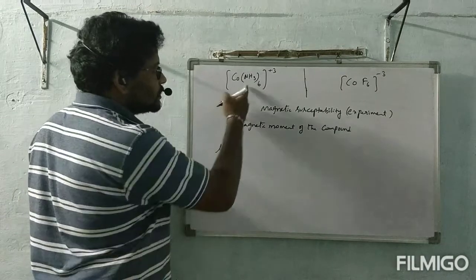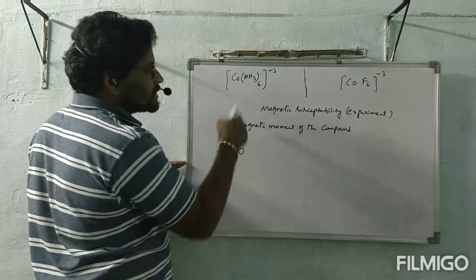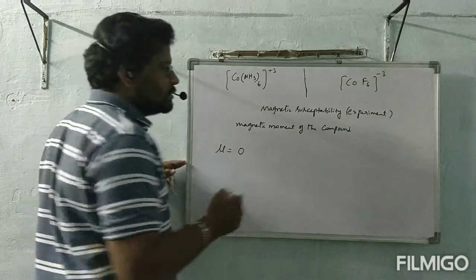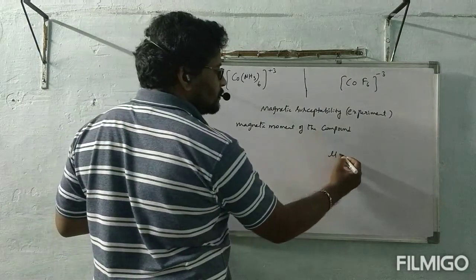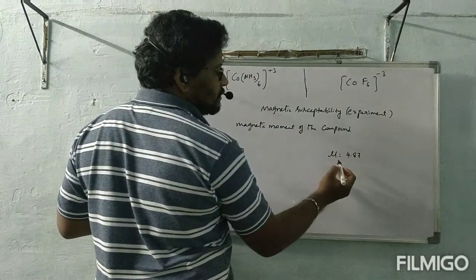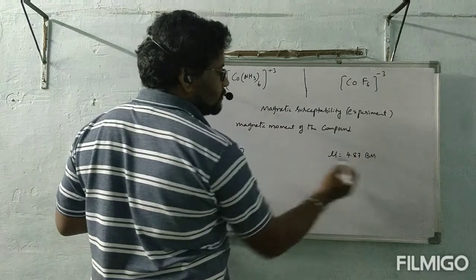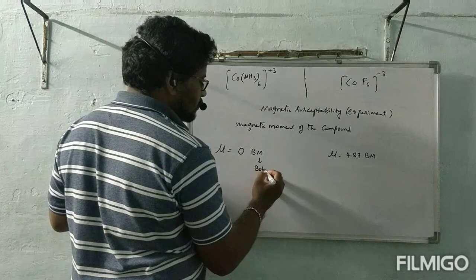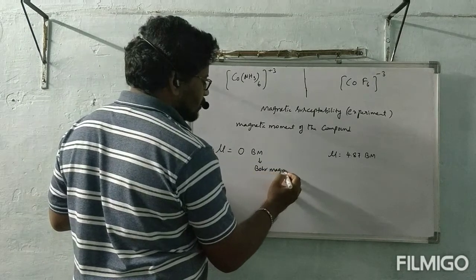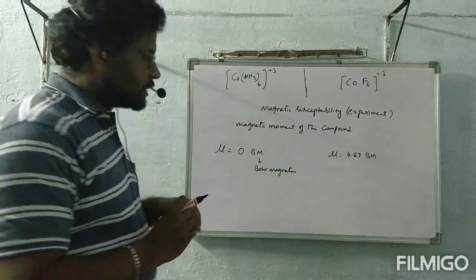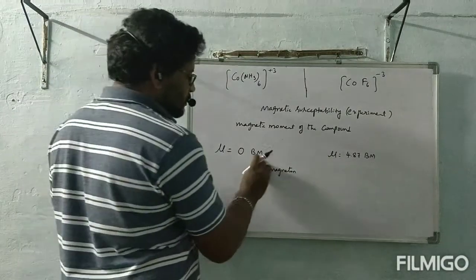Mu is equal to 0 for this complex. Now mu is equal to some 4.87 like that. Bm means Bohr magneton. Bohr magneton is the unit for magnetic moment.